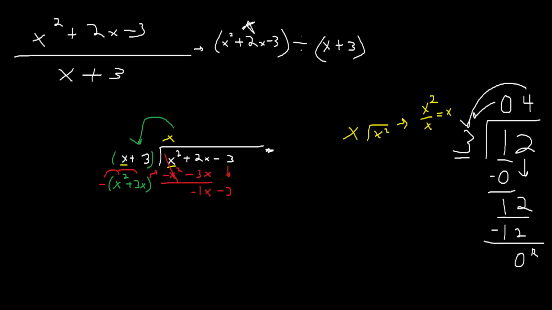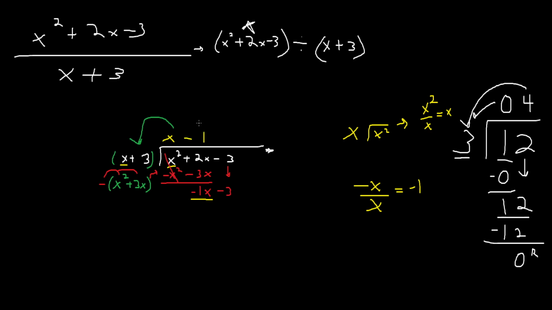Okay, so now I still need to get from my first term to my first term. So now, instead of going from x to x squared, I'm going from x to negative x. So I need to do negative x divided by x, the inside divided by the outside, and that gives me a negative 1. So I'm going to put minus 1 right here.